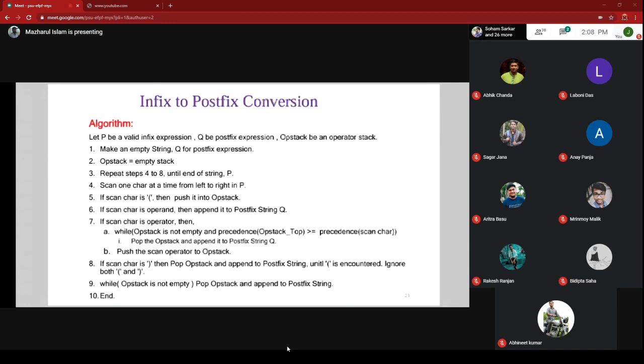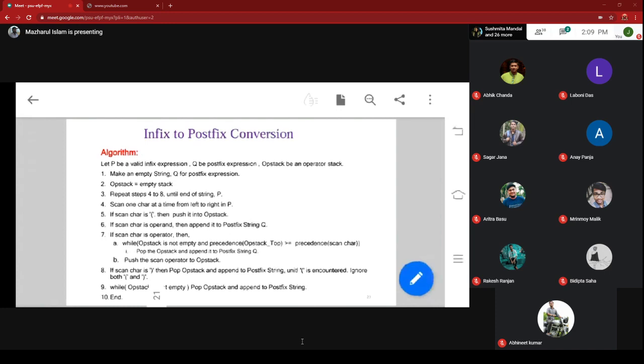So you will scan from left to right. Step number 5: if the scanned character is a left bracket, then you push it onto the operation stack. Operation stack means op stack. I will show you the example after all these steps.